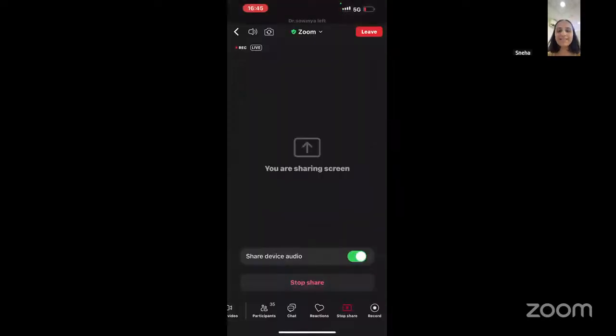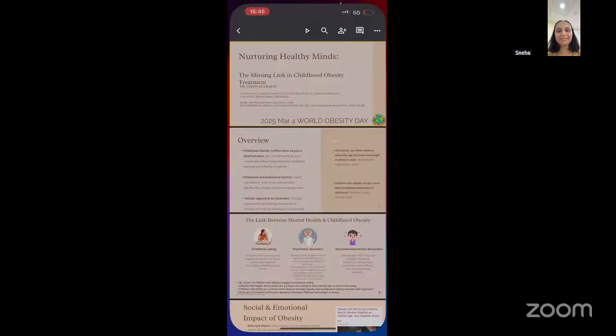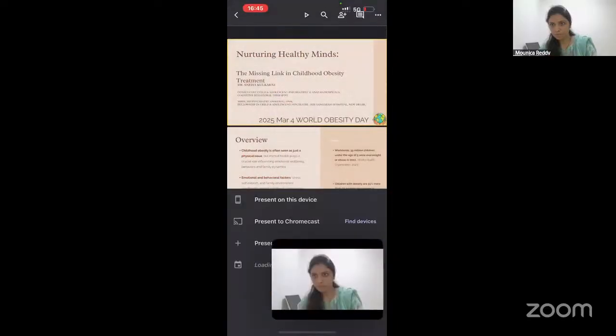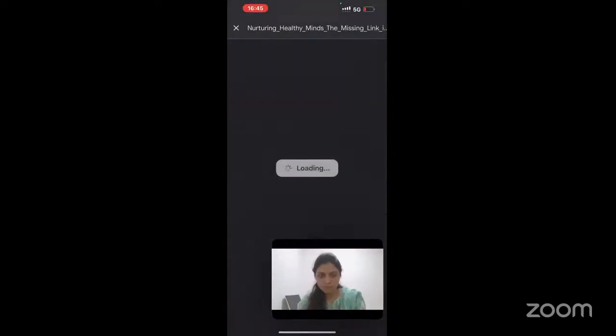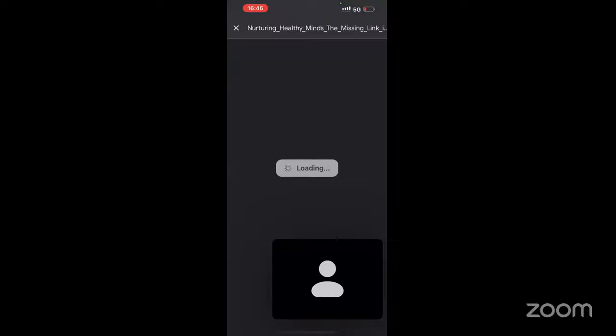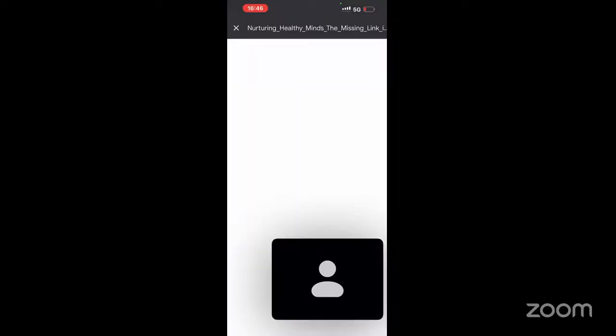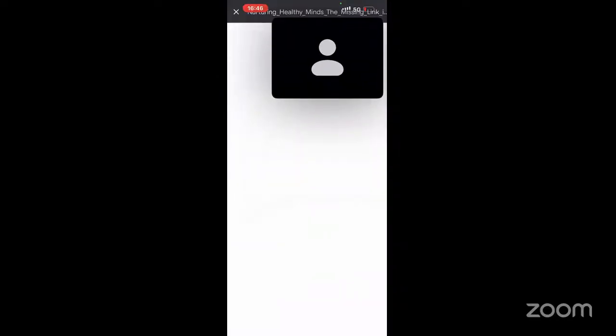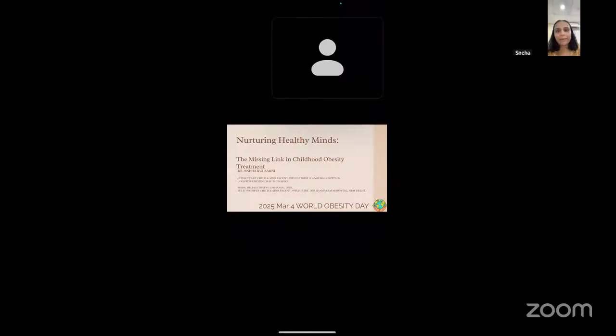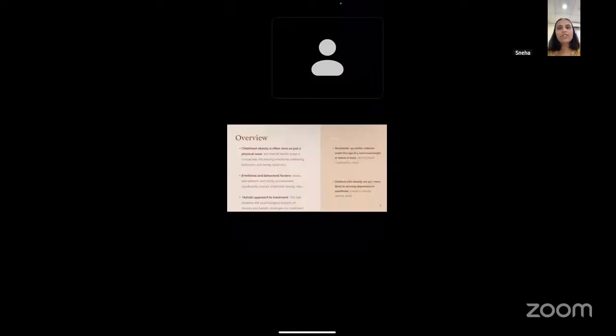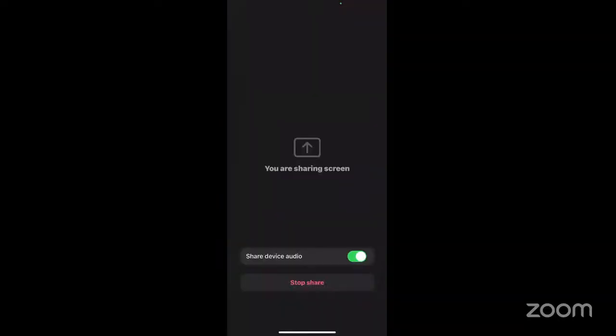Can you see my screen now? You can see the screen. Okay, is it visible? Yes, it's visible. Okay. So is it visible now? It's visible, but it's looking very tiny. Yes, very tiny.